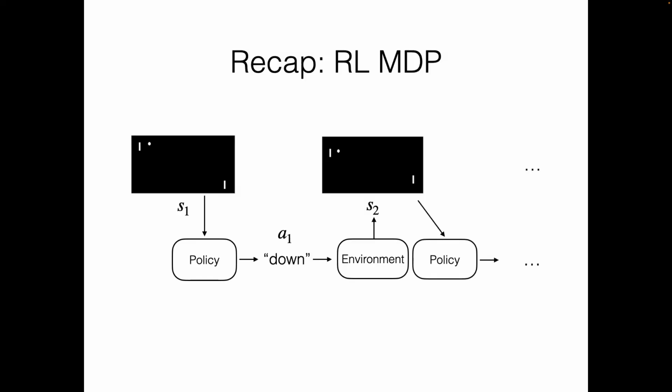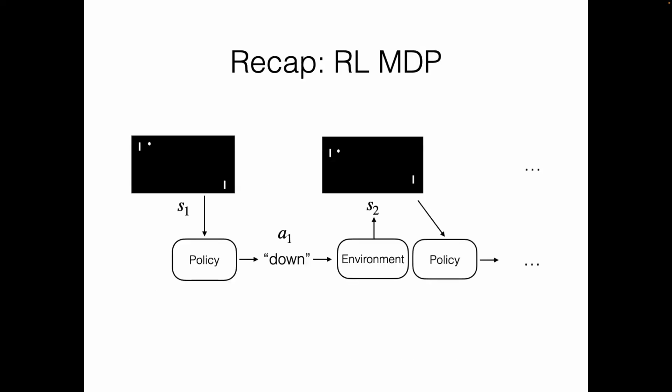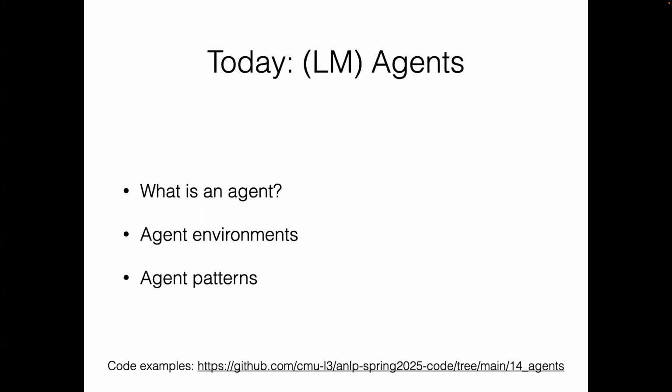Then you can continue this process and roll it out until the game is complete. You either win or you lose. That's the basic setup here, and we're going to be using the same setup today when we talk about agents.